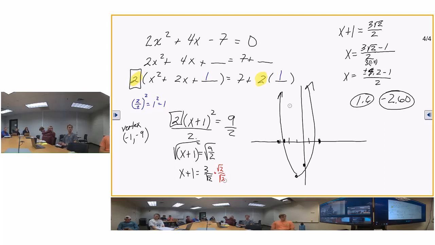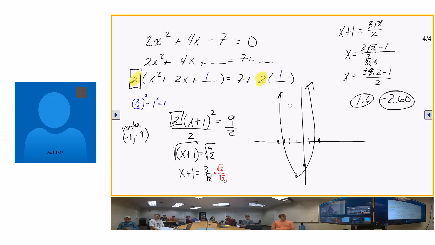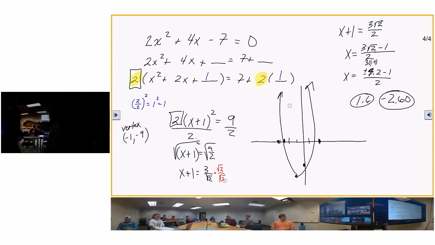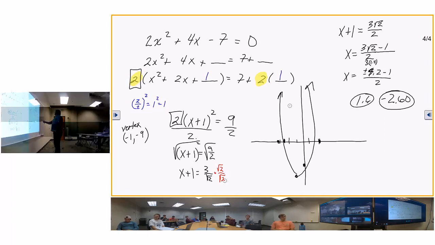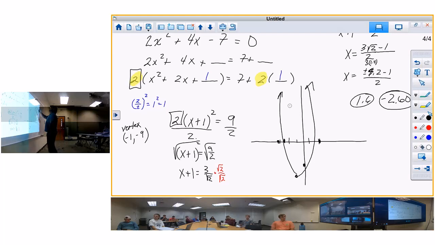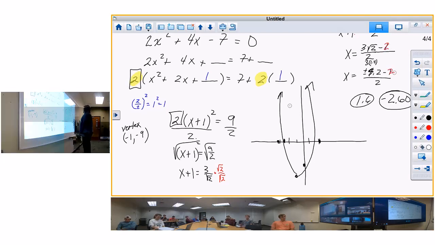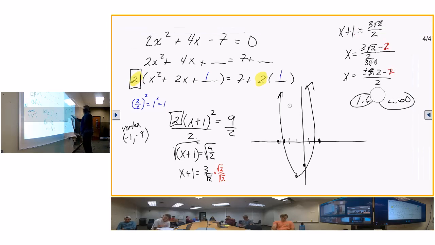'Cause that'd be like subtracting 1 over 2 from the left side. I guess I'm just going crazy. I need to slow down, I guess. Hold on. Yep, you're right. That should be a 2. Thank you.